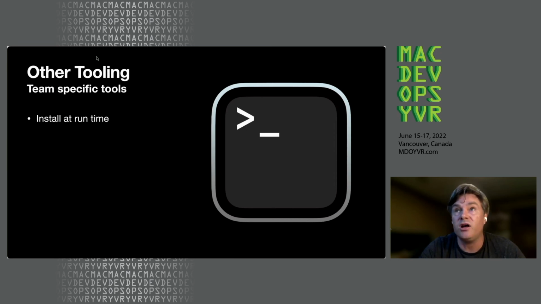So when your job starts up from Jenkins and it creates a new VM, just have the first step in your Jenkinsfile or whatever you're using be to install those dependencies, to do that configuration that's unique to your team, because it's unique for those teams and unique for those builds. So we don't want to make other teams have to deal with that. This way, if you've got specific needs for specific build trains, they can use those on their own.